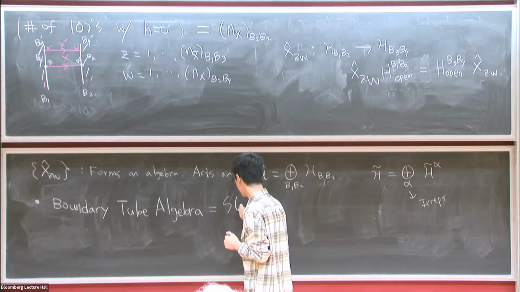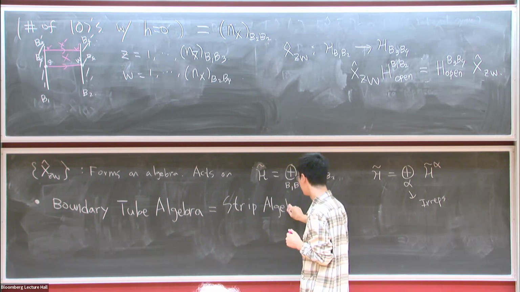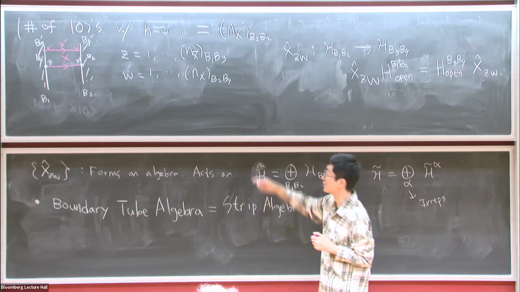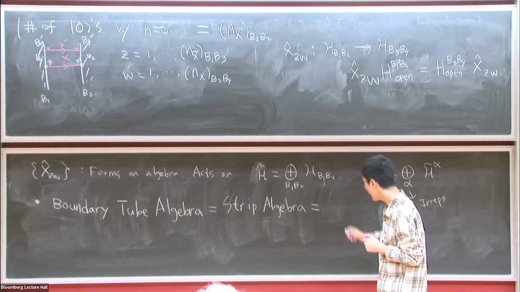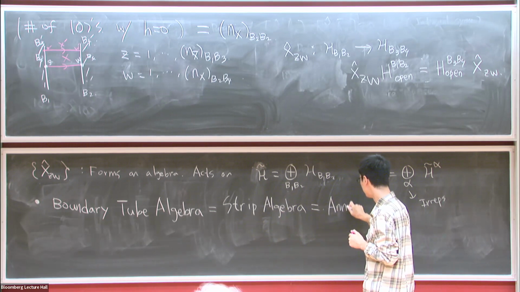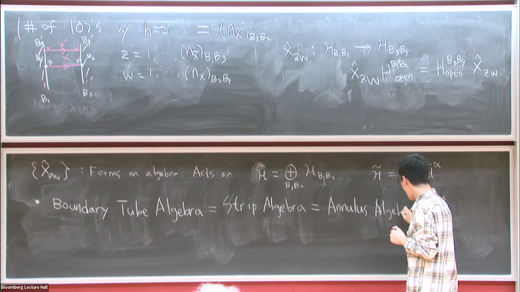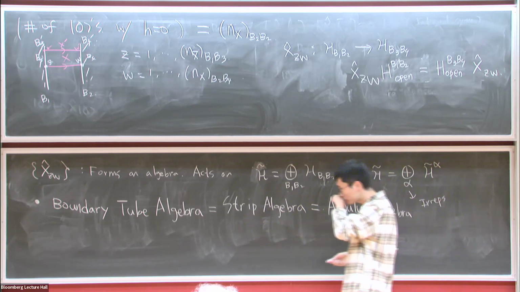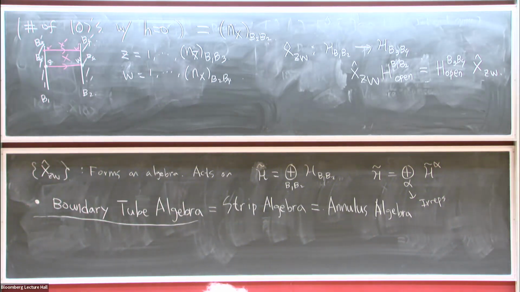Sometimes also called the strip algebra, because the picture looks like a strip. Sometimes it's also called the annulus algebra. And I'm going to call it a boundary tube algebra for this talk.